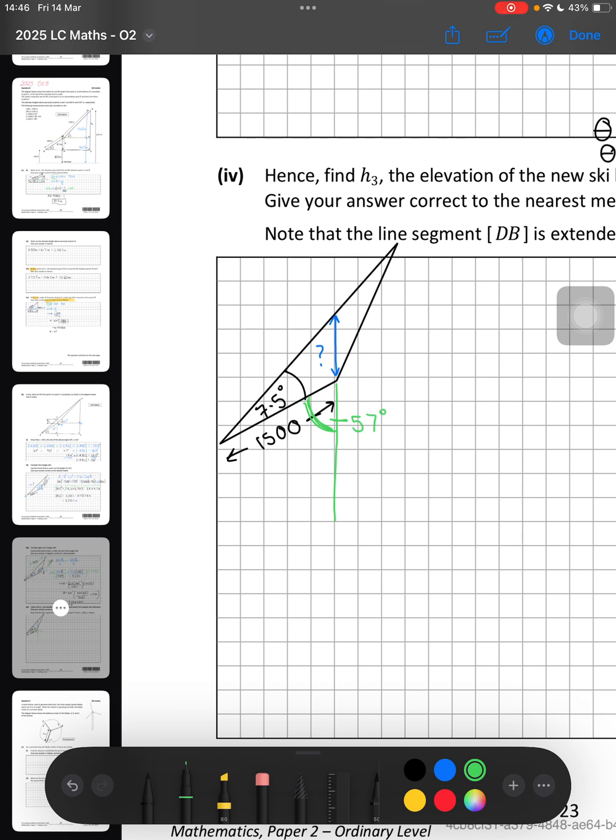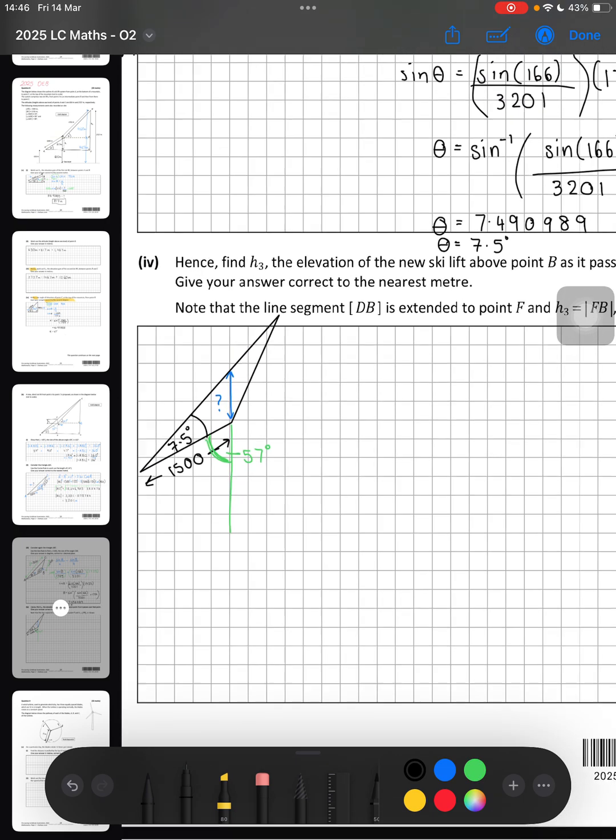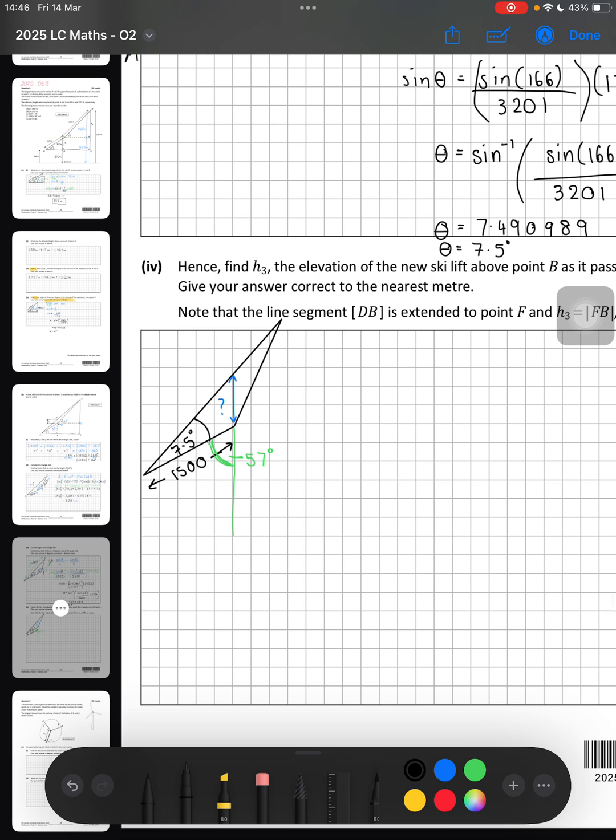Okay, so what type of triangle have I created? I don't have a right angle triangle. What I do have is a triangle that looks more like this, with 7.5 degrees. I'm looking for this side, I'm going to call it X. I have this 1500.